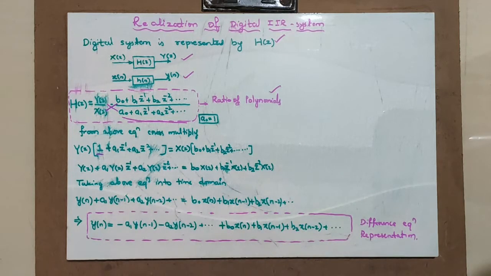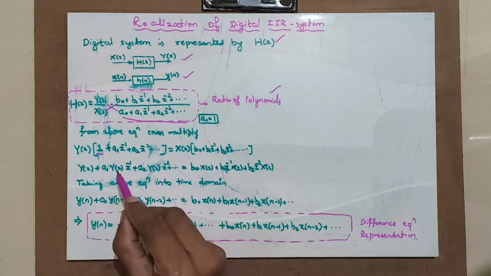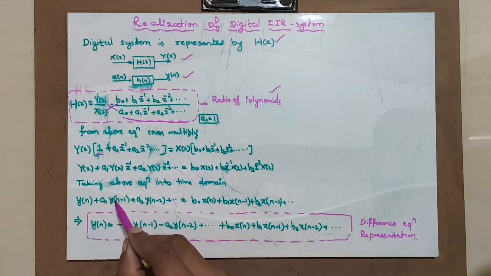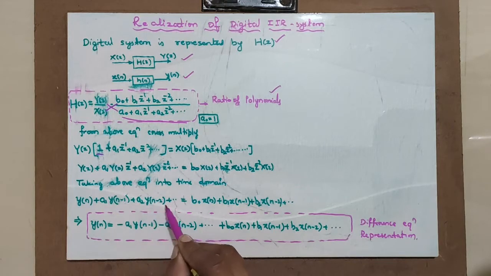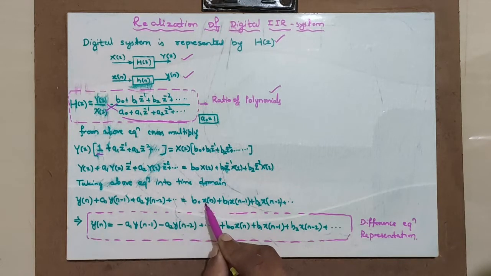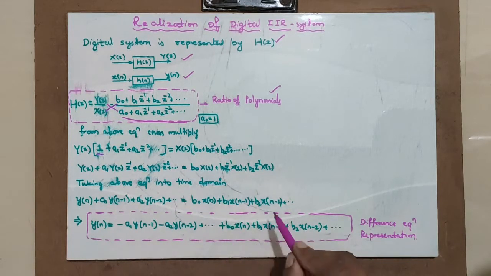Taking the above equation into the time domain, what happens? Y(z) becomes y(n), z^-1 Y(z) becomes y(n-1), hence it becomes y(n) plus a1 y(n-1) plus a2 y(n-2) and so on is equal to b0 x(n) plus, and you have come across these equations already.